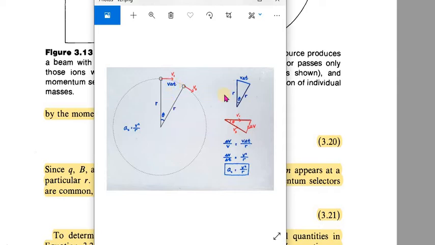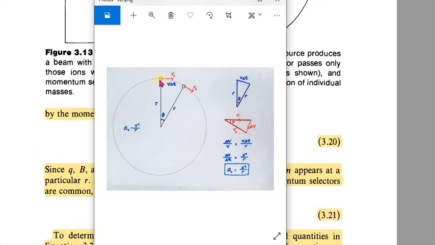If we draw this triangle here, this is a circular path. If theta is small, we can draw a straight line here. If theta is negligible, this curved path becomes a straight line. So we can draw a similar picture here, r theta, which is the arc length.